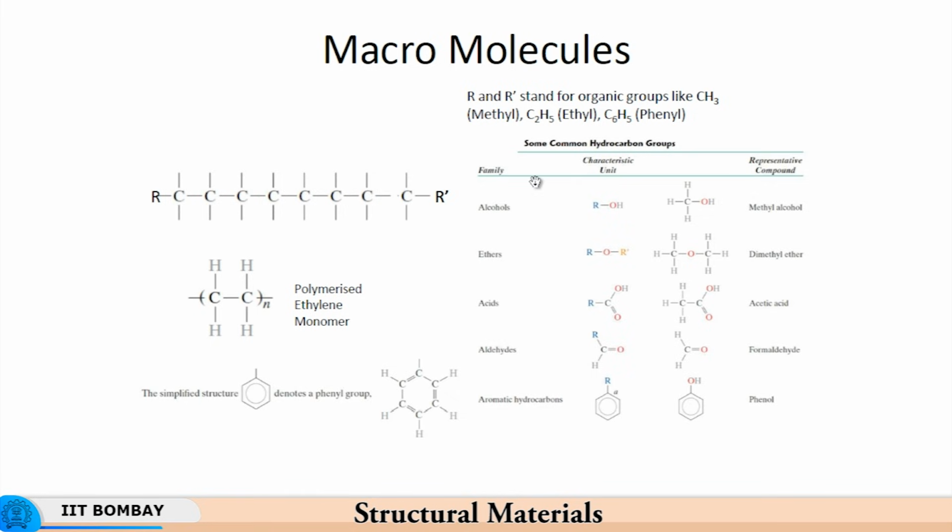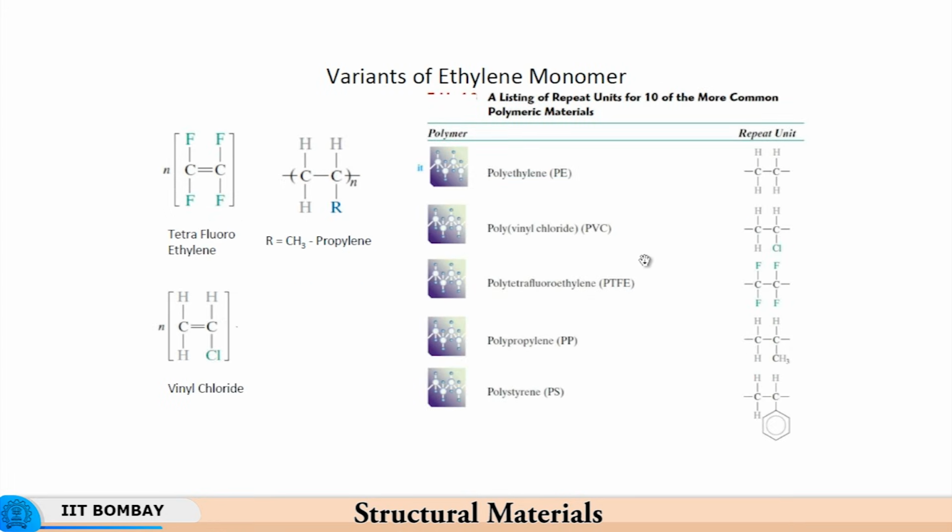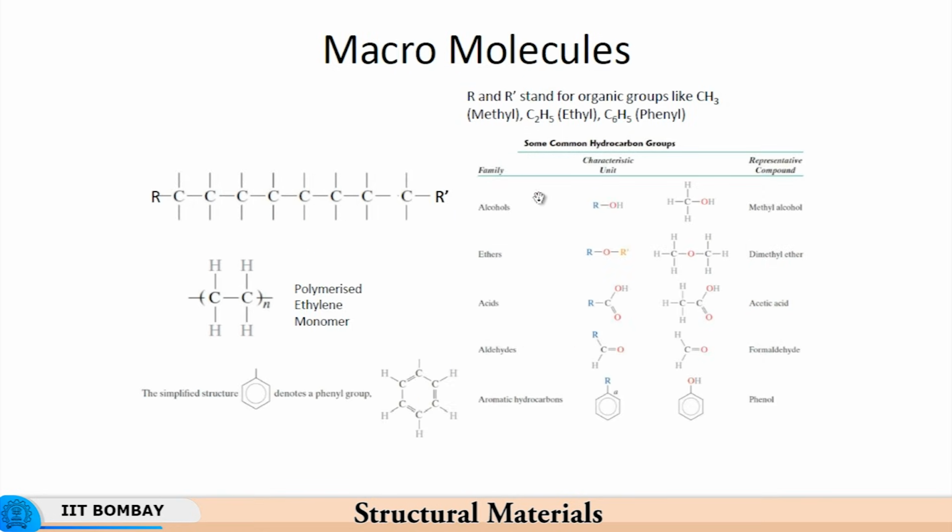In organic molecular structures, the position at which each of these groups, CH3 or OH for example, gets attached changes the properties of the resulting compound. If you were to polymerize it into macromolecules, you can get different polymers from different arrangements or different locations of these.